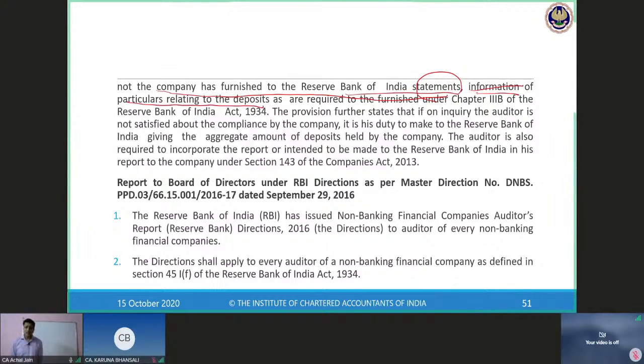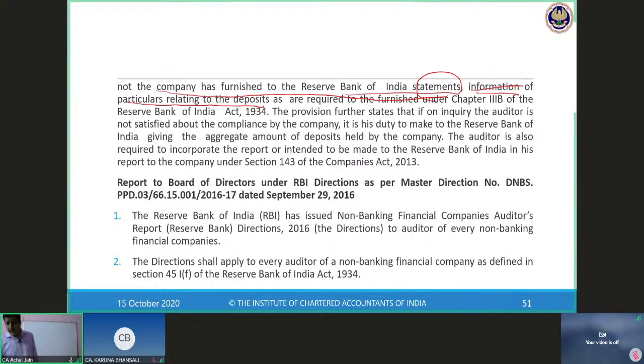So let's look at the report to the Board of Directors as per the RBI directions. RBI has issued the NBFC Auditor's Report Reserve Bank Directions to the auditor of every NBFC. So that means there are specific regulations around the auditors in terms of their reporting requirements.